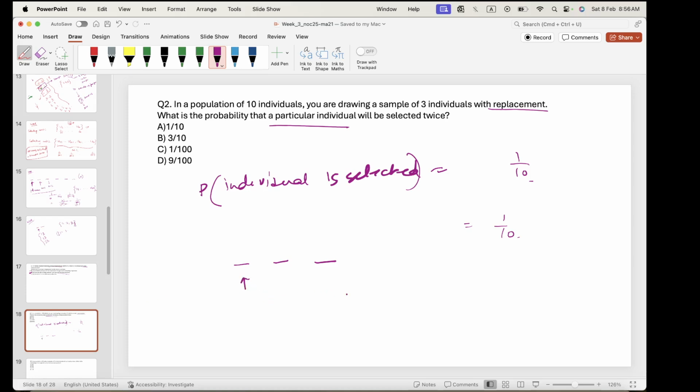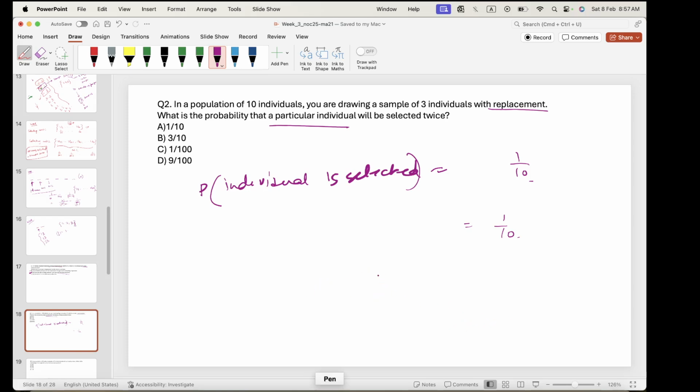Here the denominator is: 10 people are competing for each spot, so I have 10 cube all possible samples. Or I would rather not do it this way, I'll do it some other way. One second.